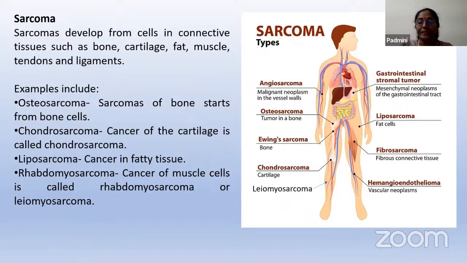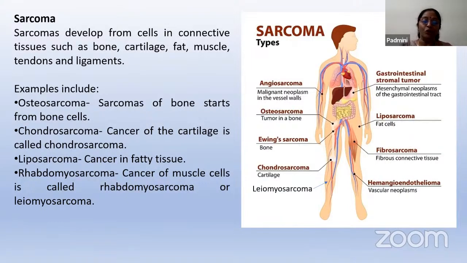Chondrosarcoma is the cartilaginous cancer. So that's chondrosarcoma, that is the cartilage over here at the kneecap. So it is cancer in the cartilaginous bones. Liposarcoma is at the fat, wherever there is fat present. If you find those cancers over there, then that's called a liposarcoma. And rhabdomyosarcoma is the cancer in the muscle cells.